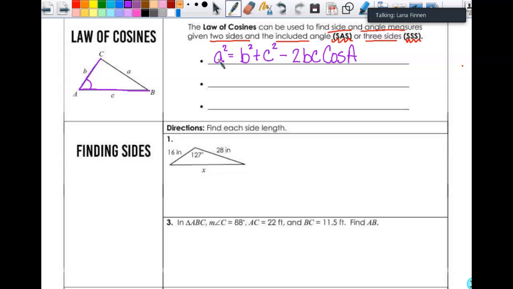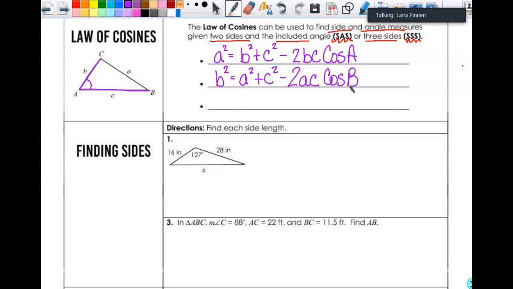So the other version of this would be if I was looking for b. So we could have b squared. If it's b squared, then that would be equal to a squared plus c squared minus 2 times a times c times the cosine of angle b. Kind of get the hang of that?